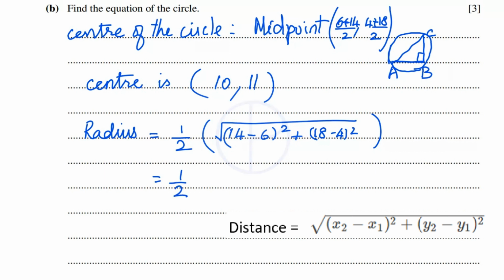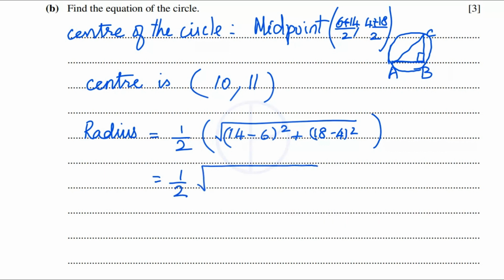1 over 2 multiplied by square root of 14 minus 6 is 8. 8 square is 64 plus 18 minus 4 is 14. 14 square is 196. Equal to 1 over 2 square root of 260.